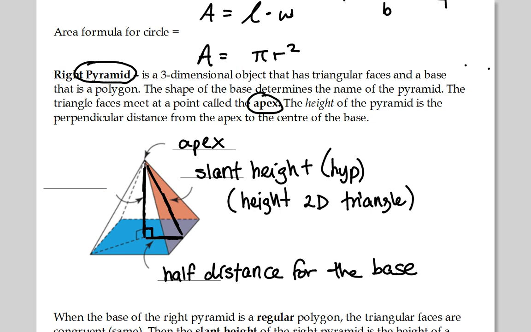The height of the pyramid is here. That's the height of the pyramid, which we just call height. Some people call it apex height or pyramid height. That's the height. So this one is used for volume.